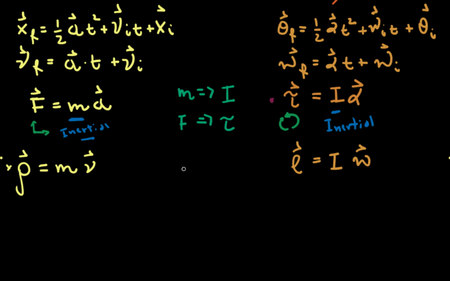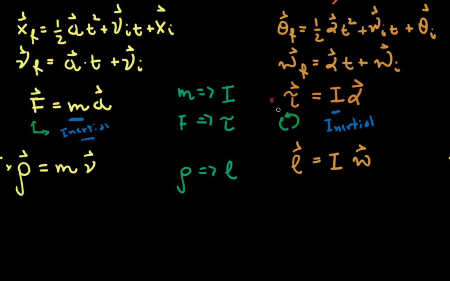So in this case, linear momentum gets sent to angular momentum, meaning linear momentum is an amount of translational motion, and angular momentum is an amount of rotational motion, which is proportional to the inertia term multiplied by translational velocity versus rotational velocity.